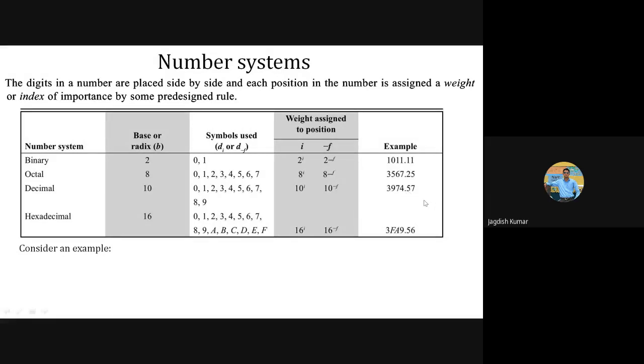So what is the weight for 5? This is 1 by 10, meaning the weight for 5 is 0.1. And what is the weight for 7? This is 1 by 10 raised to the power 2, meaning 10 to the minus 2. So the weight for this is 1 by 100. Is it clear?